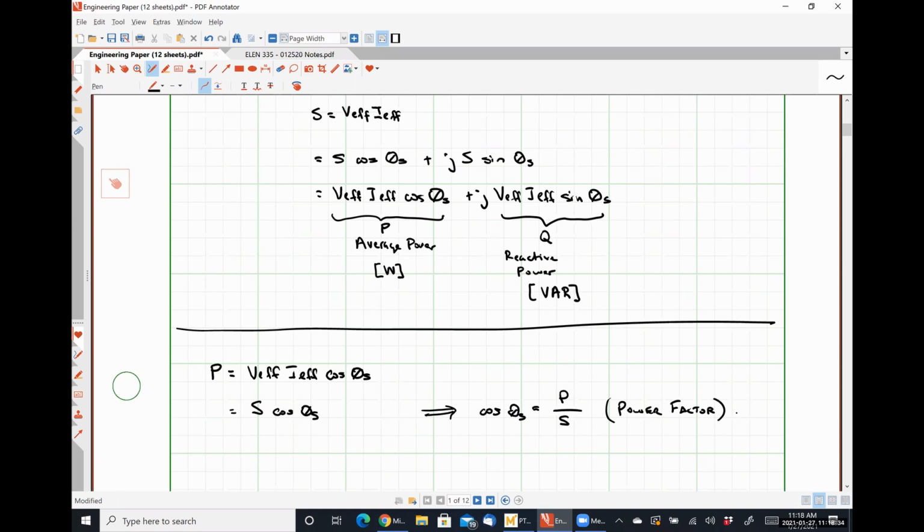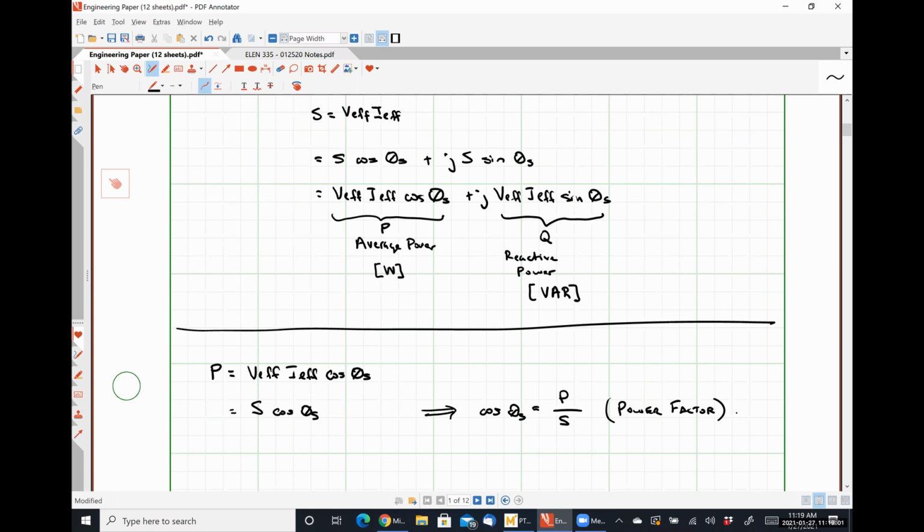A power factor of -1 means that the load is actually supplying all of the power that's delivered to it. And a power factor of 0 means that the load is absorbing none of the power that is delivered to it.